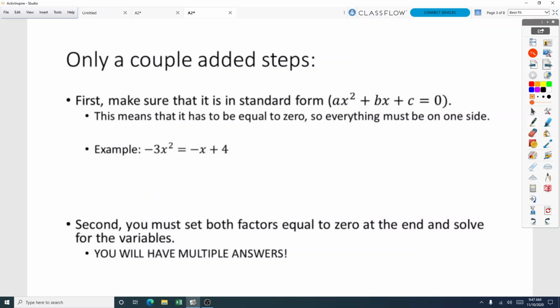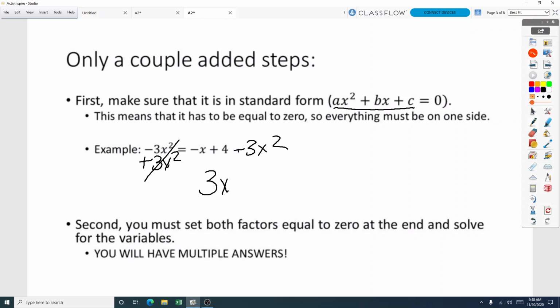The first thing that we need to do today, they're not going to give us everything in standard form. Remember, our standard form is ax squared plus bx plus c. They're going to give it to us where it's not on the same side. So we're going to have to make sure everything goes on the same side. So in this example here, I'm going to actually move this negative 3x squared to the other side, and I'm going to write it in standard form.